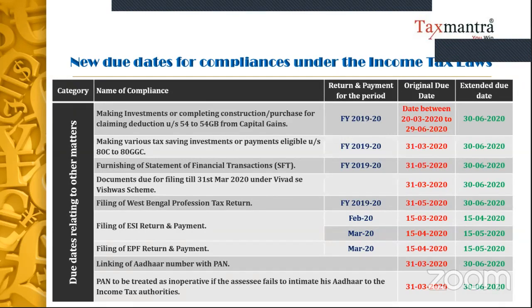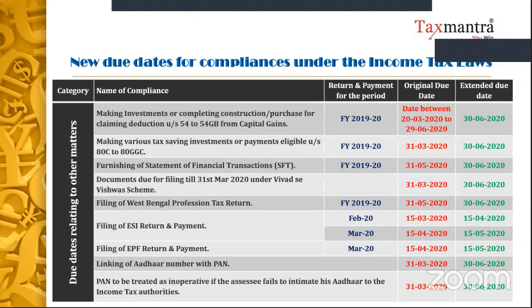Moving to the next section, West Bengal PT return for the financial year 1920 has been extended till 30th June, which was earlier 31st May of 2020. Filing of ESI return and payment for the months of February and March, whose earlier dates were 15th of March and 15th of April respectively, has been extended by one month. For February, the due date 15th March has been extended to the 15th of April.